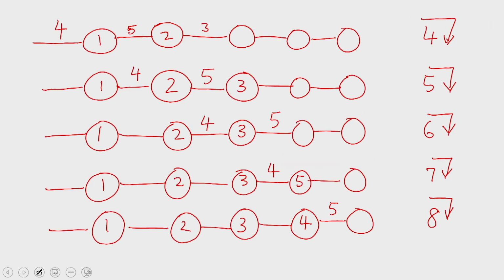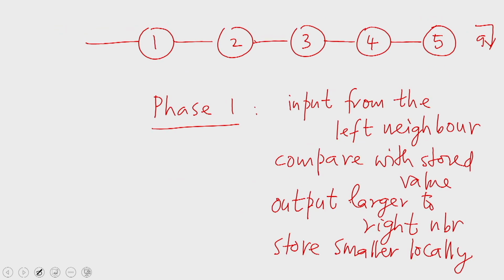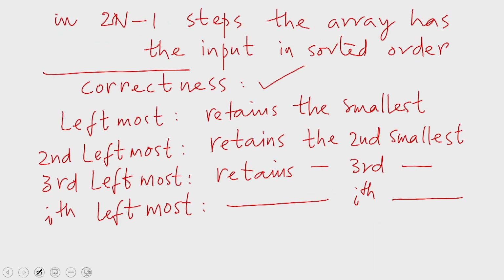You can see this from this example. At the end of the first step, the leftmost processor has an element. At the end of the second step, the first processor has a message going out to its right neighbor. And then at the end of the third step, the first processor and the second processor both have elements stored in them, but none of the other processors has anything stored in them.